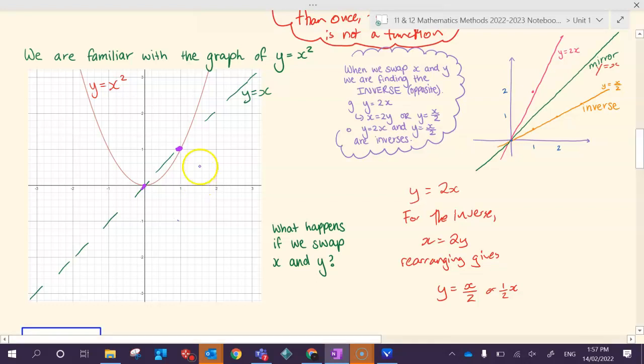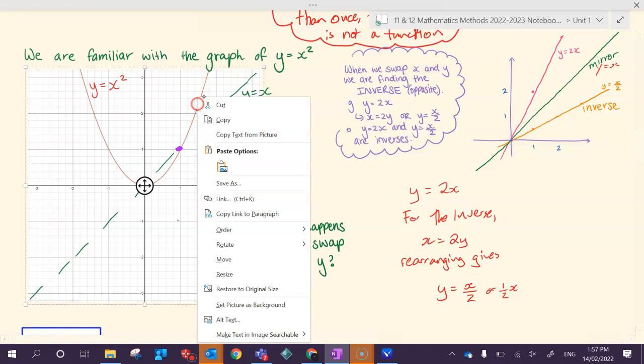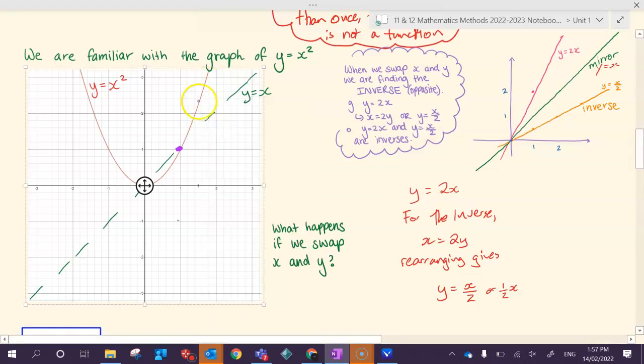What other points could we find here? This would be 1.5, would be 2 1/4, would be about there somewhere. That would be the point. Stop doing that every time I try to put a dot. Okay, I give up. Pretend there's a dot. Oh, look, there we go. That point there, I'm trying to mark the point 1.5, so 3 over 2.